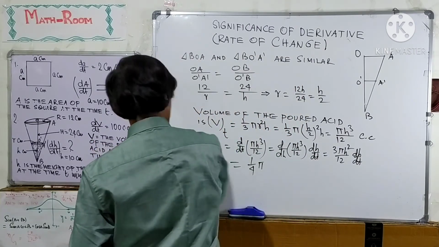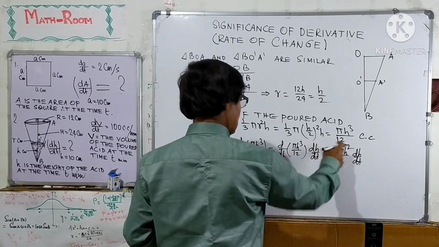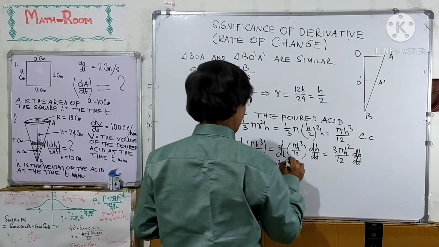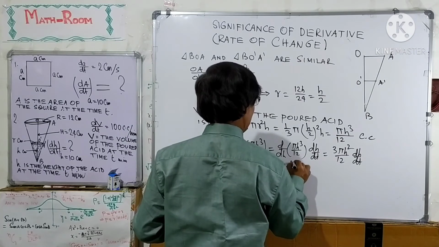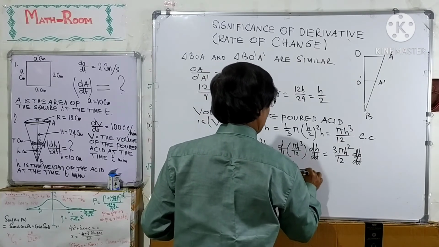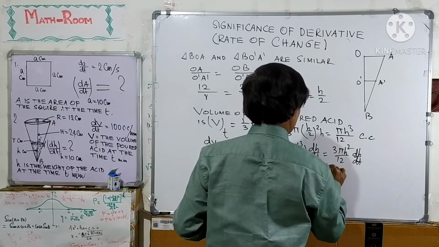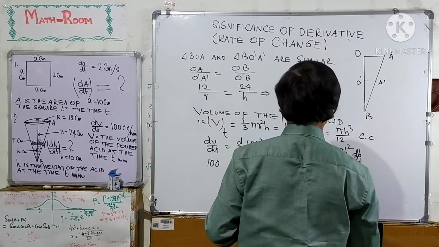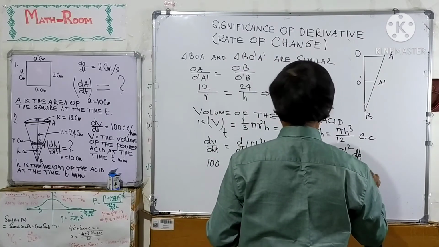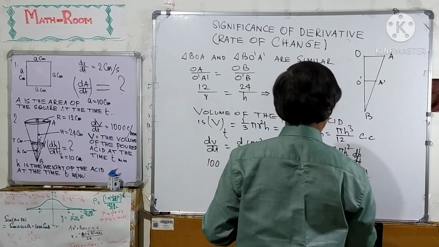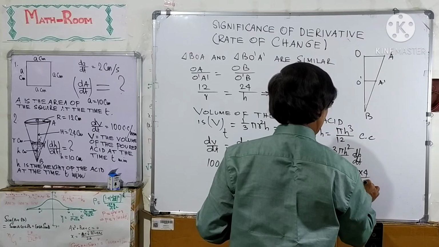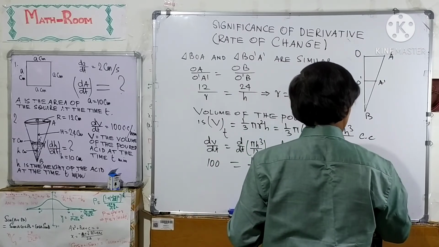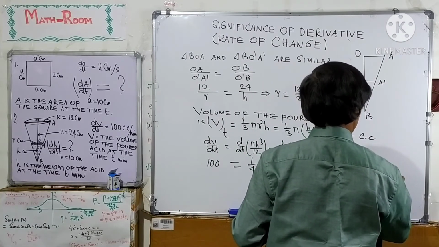So, we can put the value of h in this expression, 10 square into dh/dt, which implies dh/dt equal to 100 into 4 over 100 into pi, that is, 100 is cancelled out, we get 4 over pi.